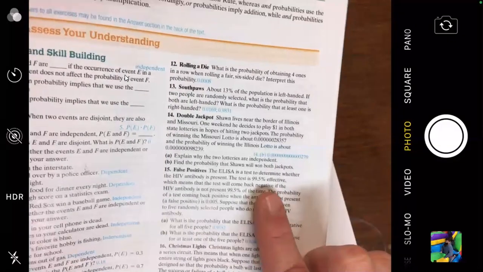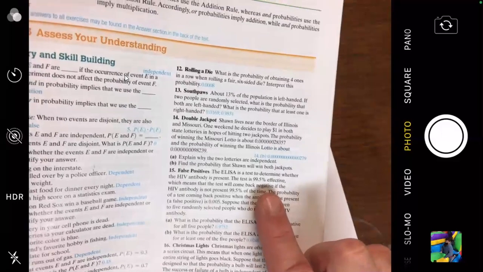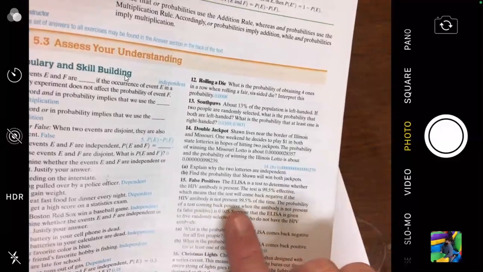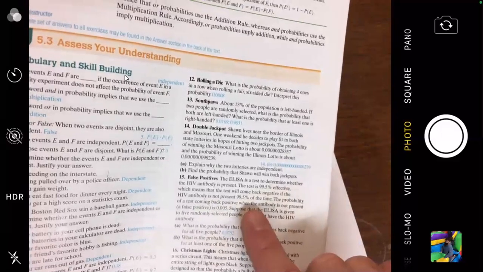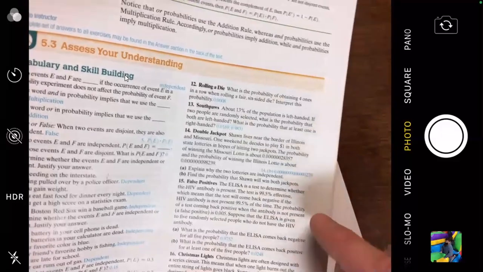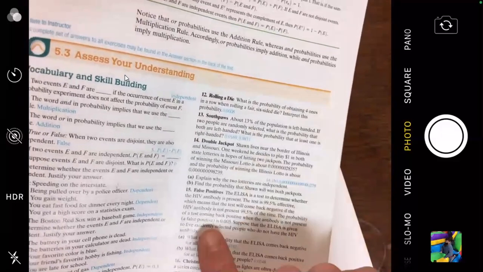The test is 99.5% effective, which means the test will come back negative if the HIV antibody is not present 99.5% of the time. And you could say it's accurate 99.5% of the time. It has a 99.5% accuracy. The probability of the test coming back positive when the antibody is not present, that's a false positive. In other words, the test error is 0.005.